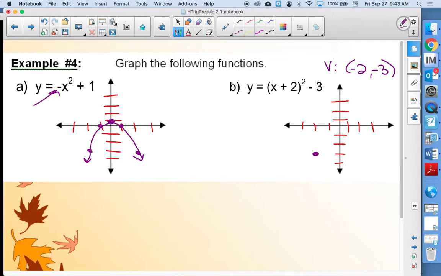So from the vertex, over 1, 1 squared is 1. If I go over 2, 2 squared is 4. And then we have a parabola. So completing the square helps us get a form of a parabola that's easily graphed. Questions?